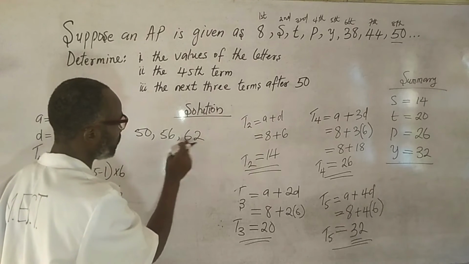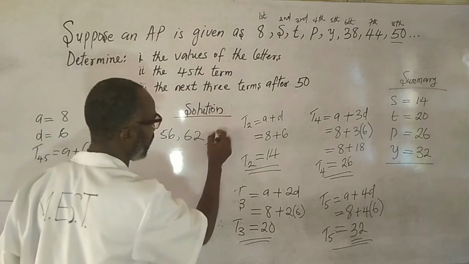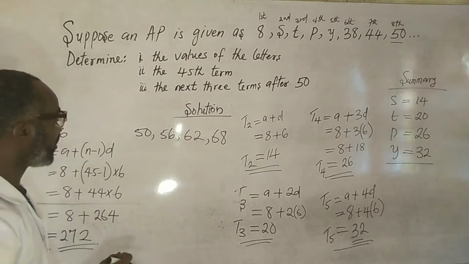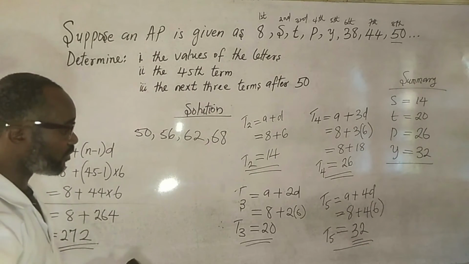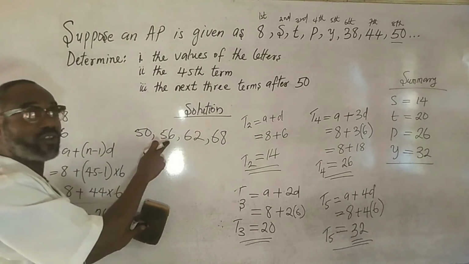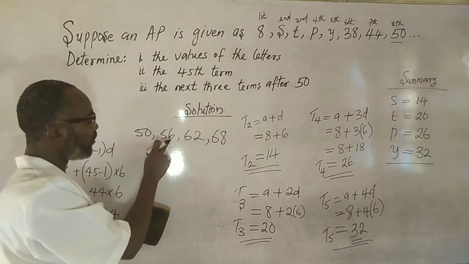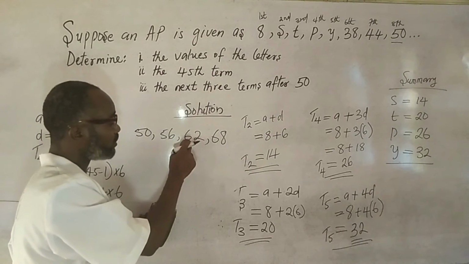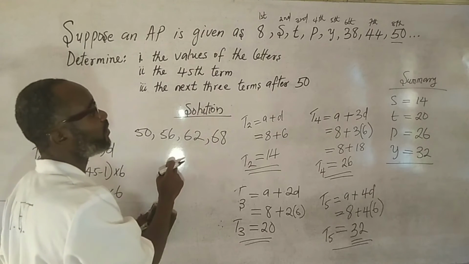We add again 6, it becomes 68. Because we are adding the common difference, which is 6. 6 to 50 is 56. And then 6 to 56 is 62. And then 6 added to 62 is 68.